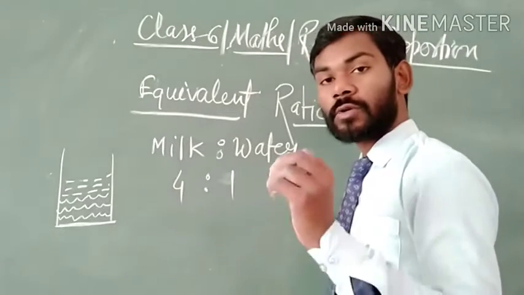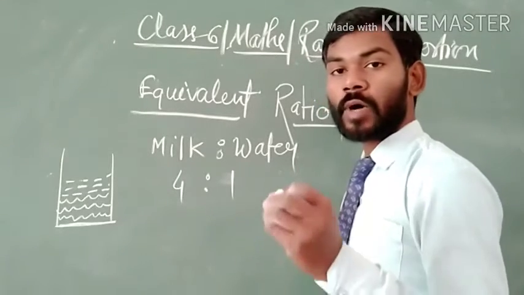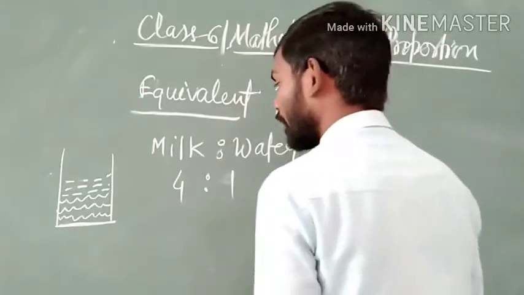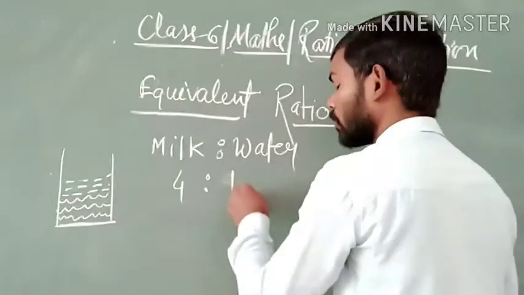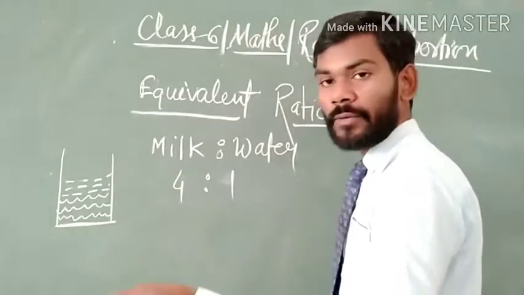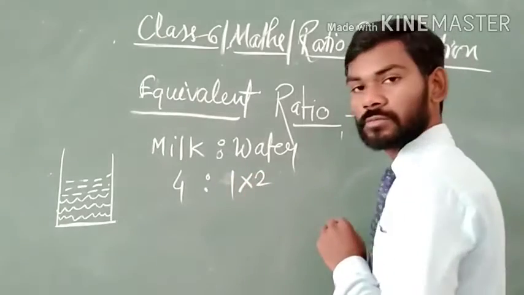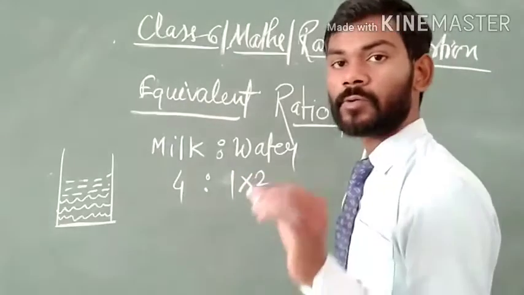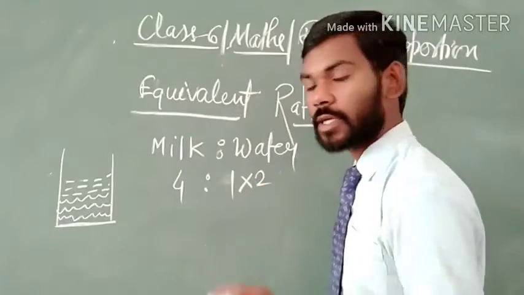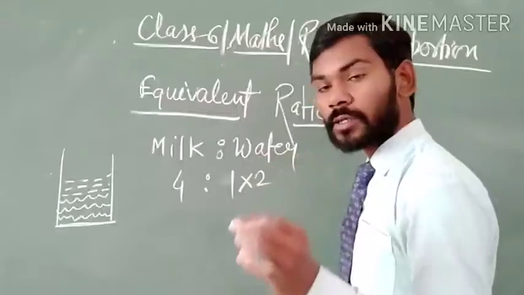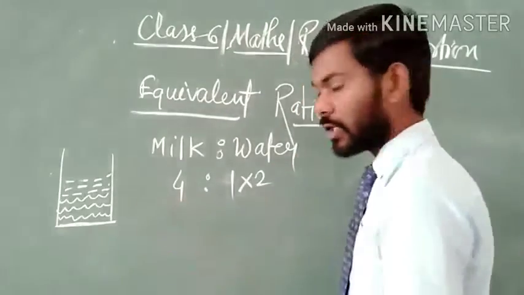Why? In order to keep the ratio of water and milk unchanged. Therefore, if you want to add twice the water, you multiply it by 2.